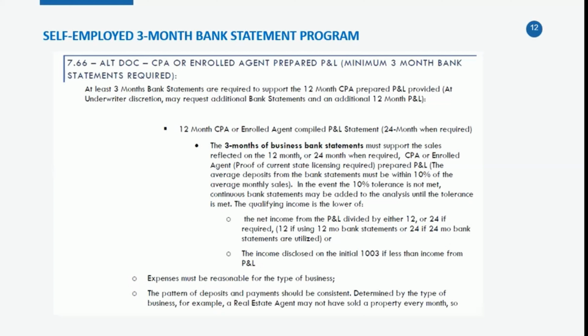Because if the CPA is already employed, they don't mind putting together a profit and loss, since they're continuously looking at the books. But if you're taking a look and you see that the income would be a lot less, I would probably suggest going with a 12-month bank statement with a decent expense factor letter. Okay. Do you guys have any questions on this slide?